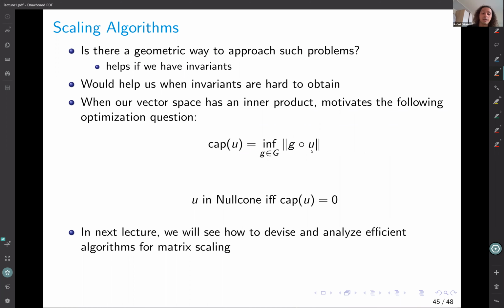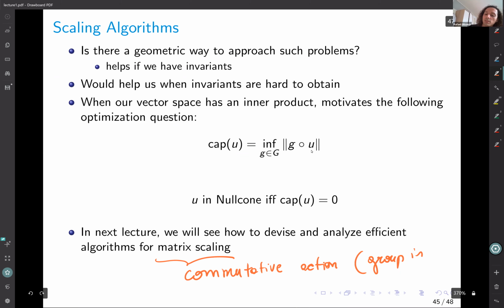Here we're going to start showing you a little bit of this very general theory of how to efficiently solve these scaling problems. But I want to warn you that matrix scaling is a commutative action, meaning that the group G is commutative. And for these actions, we can use standard convex optimization to solve the null cone problem.